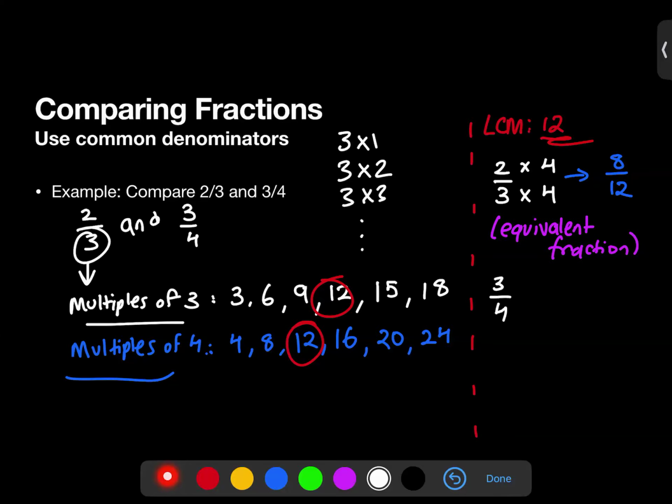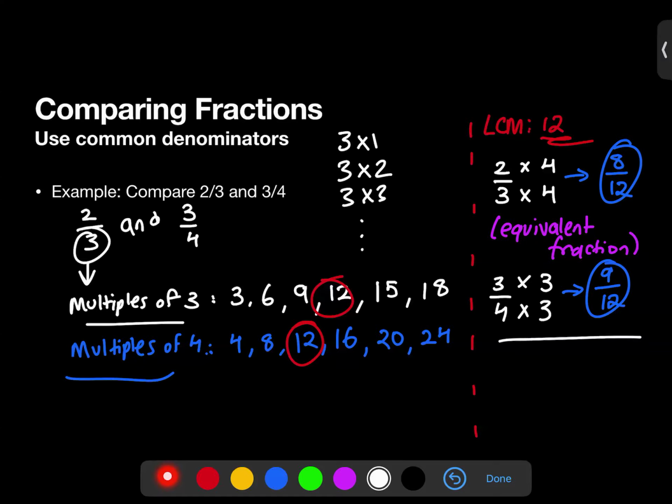So what do we have to multiply the denominator by to get 12? 3, right? And we'll multiply the top as well by 3. So now our equivalent fraction is 9 over 12. So these are our equivalent fractions now with the common denominator.